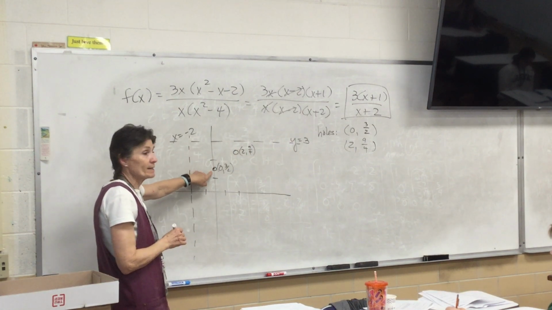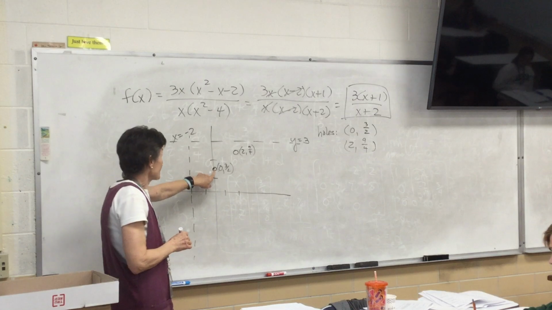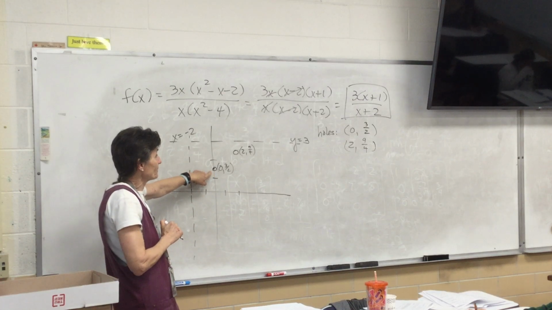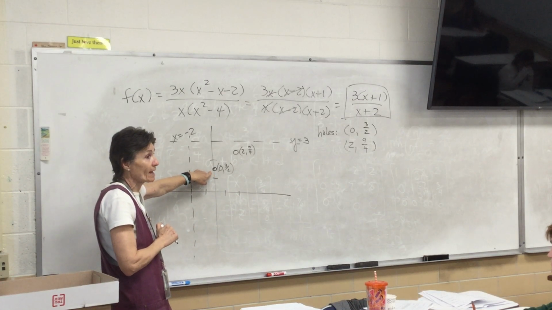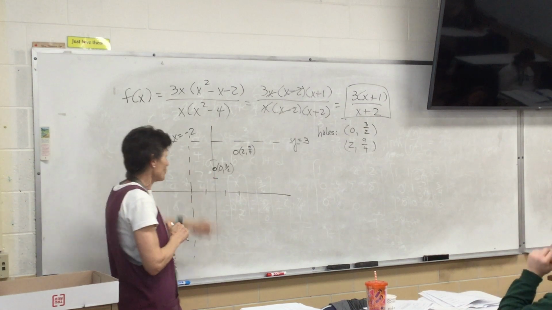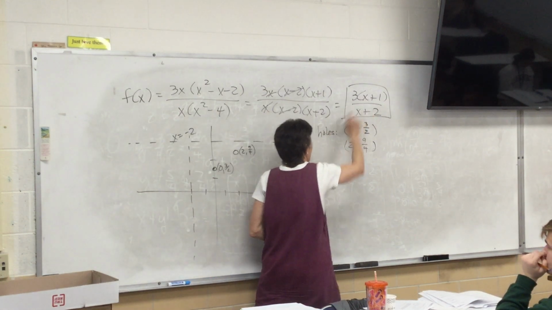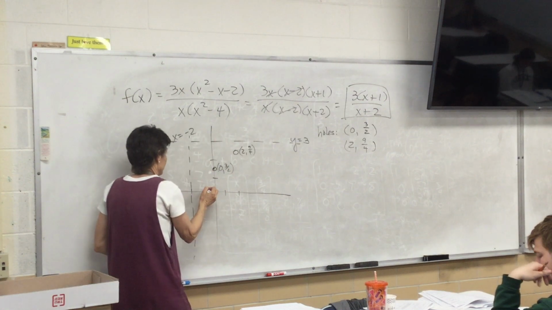I'm not going to have a y-intercept because I have a hole there. So there's no y-intercept in this problem. We do not touch the y-axis. But I do have an x-intercept, and it is at -1.